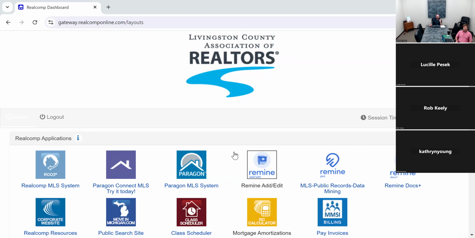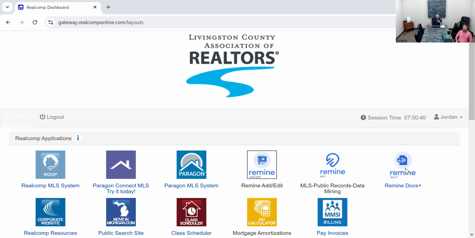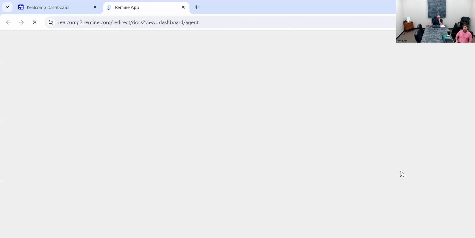But for those that are Real Comp and use Remine, in our Docs Plus in Remine, this is how we're going to access the form so we can review it on screen together.